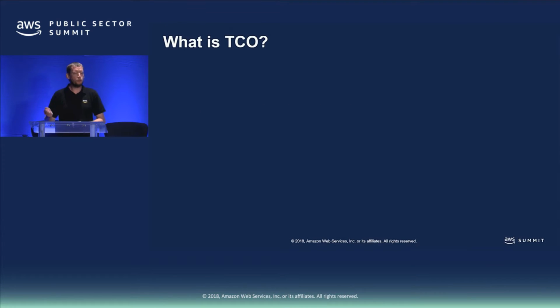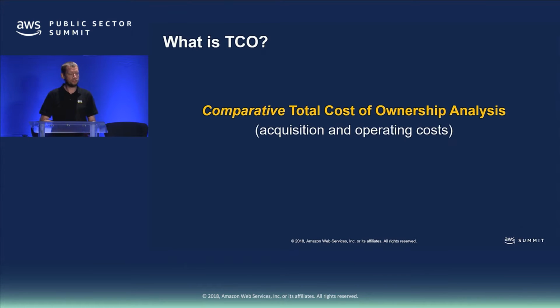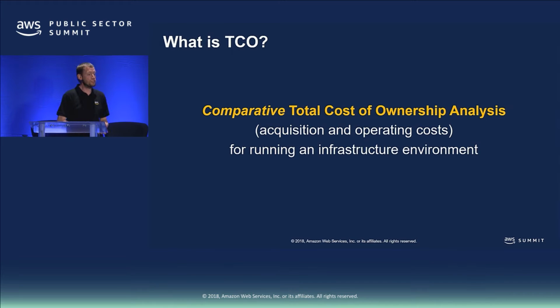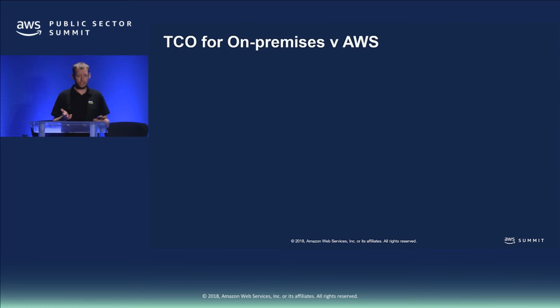Okay, so if we look at what total cost of ownership is, it's the comparative total cost of ownership analysis. And that's both the acquisition and the operating costs for running an infrastructure environment, end-to-end, whether that's on-premises versus AWS. That's what we're going to try and address and look at in this session.